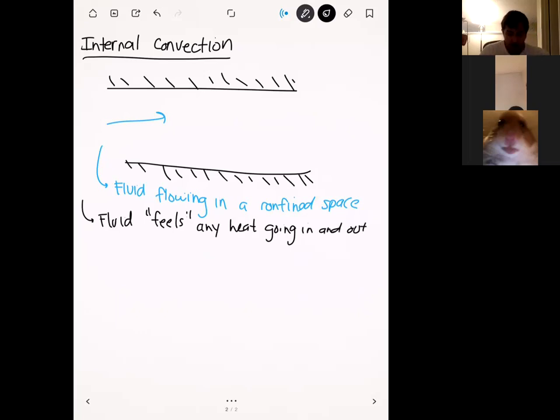What I mean by feel is that whenever heat is exchanged between the fluid and the surrounding walls, the mean temperature of the fluid is going to change.